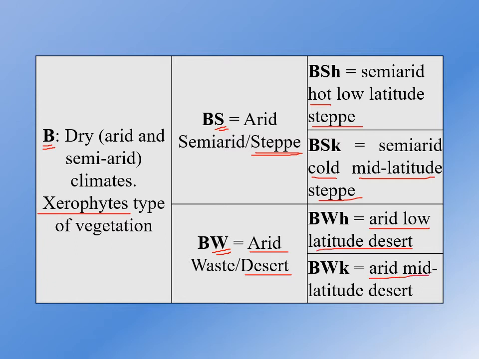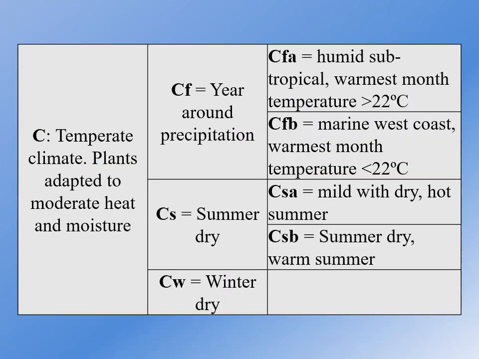The third group indicates the temperate climate, or it is also known as humid mesothermal climate. In this climatic condition, the mean temperature of the coldest month lies between about 18 degrees centigrade to minus 3 degrees centigrade.